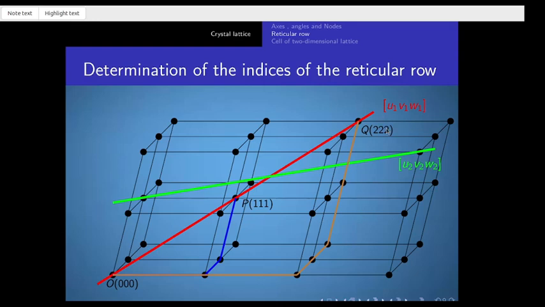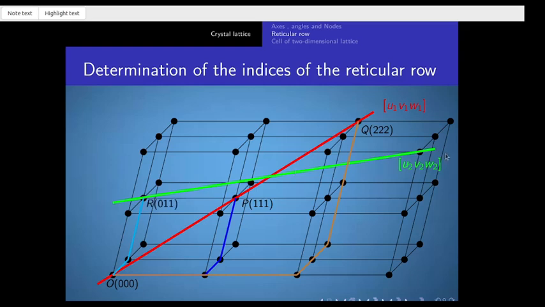In the same way, we determine the coordinates of this node here. We do the translation from O to this node, which is equal to 0a plus 1b plus 1c, and we say that this node, called node R, has coordinates 0, 1, 1.